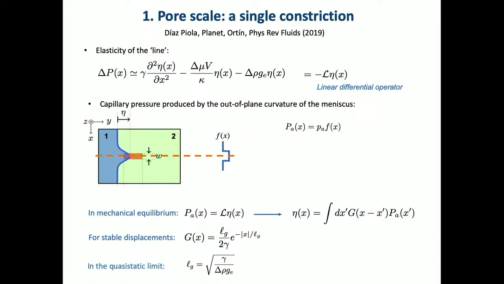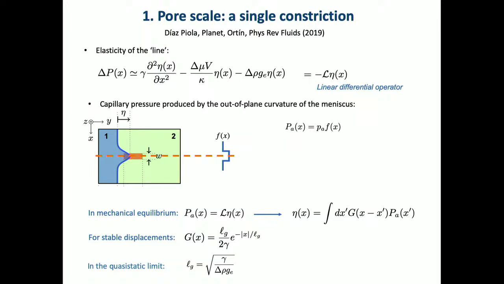Then the next contribution comes from the viscosity contrast across the interface. Because of the viscosity contrast, the pressure gradient changes at the interface, and this produces this extra pressure term, which is again proportional to the deformation of the front. The last contribution is hydrostatic.